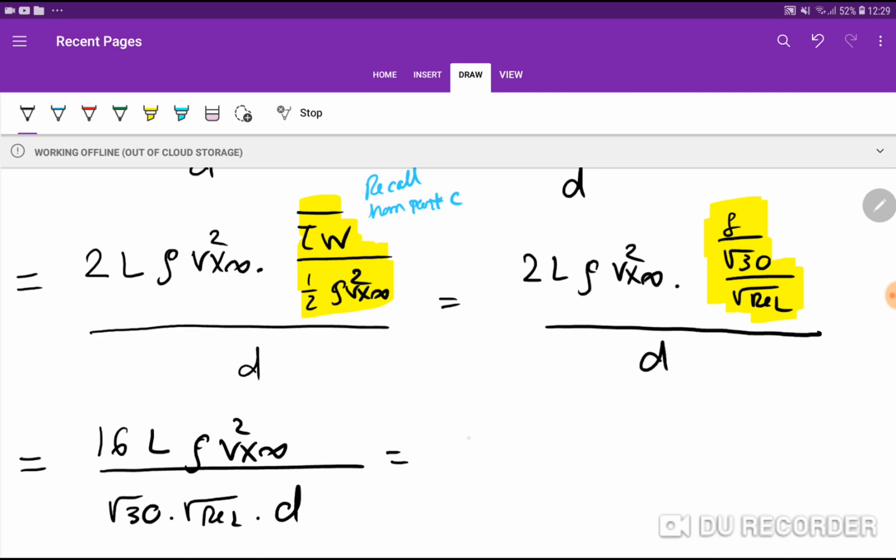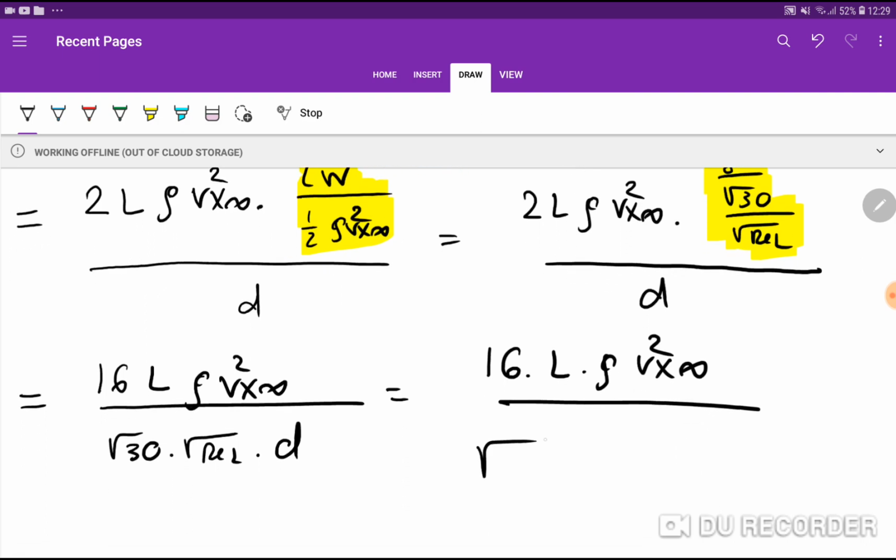Reynolds number with respect to L, you get 16 times L times rho Vx infinity square over square root of 30 times square root of rho Vx infinity times L over mu times D, right? So the question is, can we simplify this further?